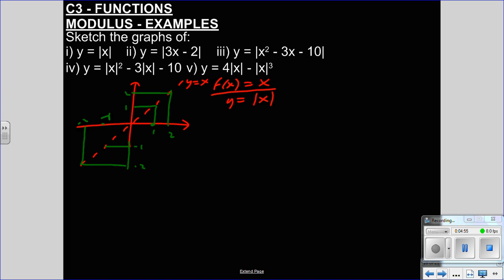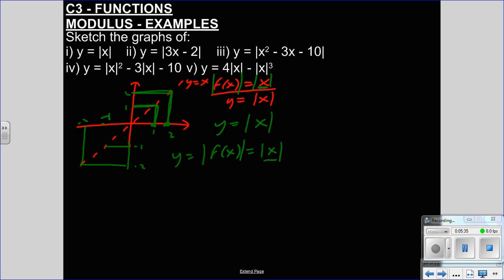If I then mod everything, let's think about it. If I have x equals 1 modded, that still gives me 1. So f of x modded is going to give me a positive value of y, right? Because y equals the mod of x. So if I put in 2, then I mod 2, I still get 2, and therefore I get a corresponding y value of 2.